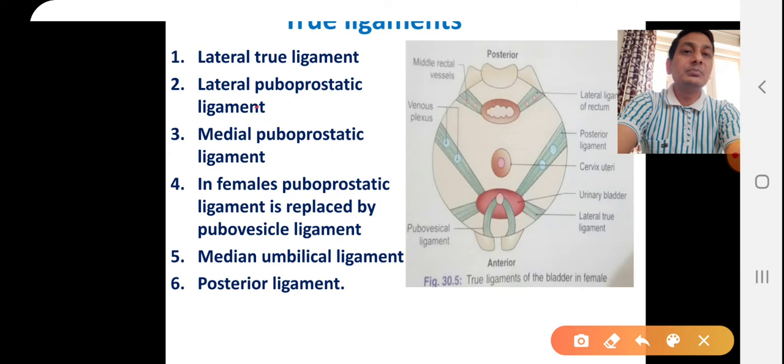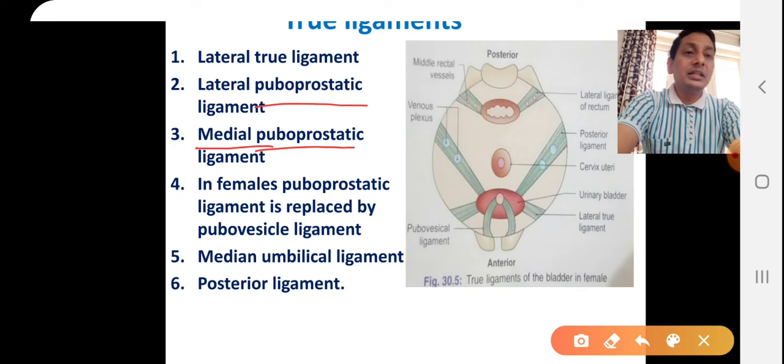This is the puboprostatic ligament. The lateral puboprostatic and medial puboprostatic ligaments are present only in males. The lateral true ligament is one, and then the medial and lateral puboprostatic ligaments extend from the urinary bladder to the pubic fascia.